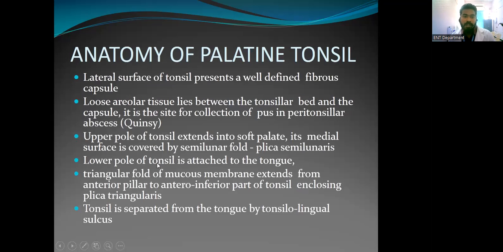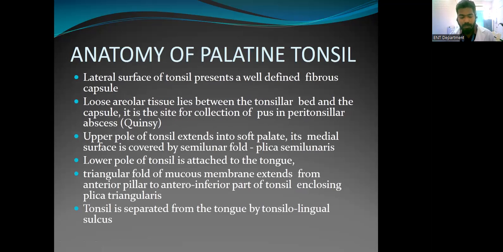The lateral surface of the tonsil presents a well-defined fibrous capsule. It has a covering, the fibrous capsule, and loose areolar tissue lies between the tonsillar bed and the capsule. It is the site for collection of pus in peritonsillar abscess, otherwise known as quinsy.